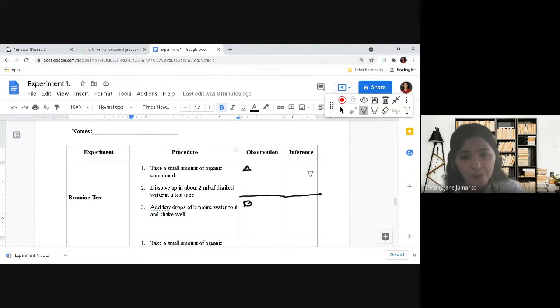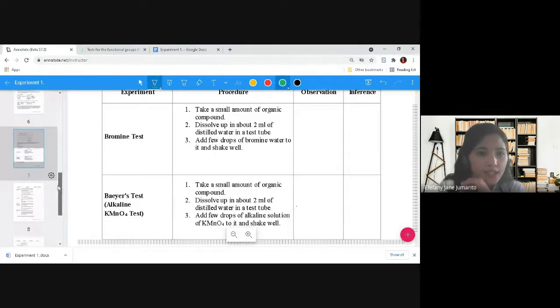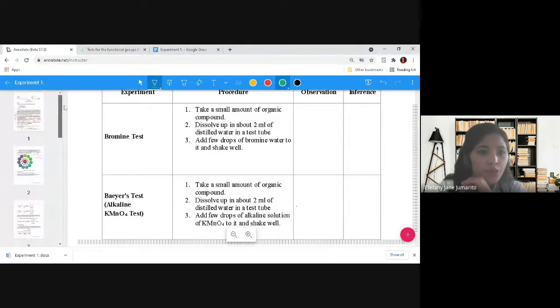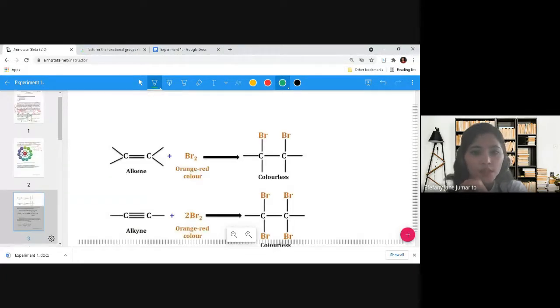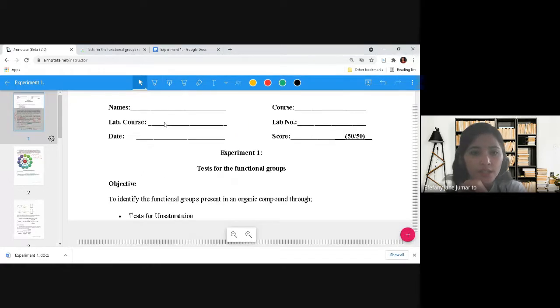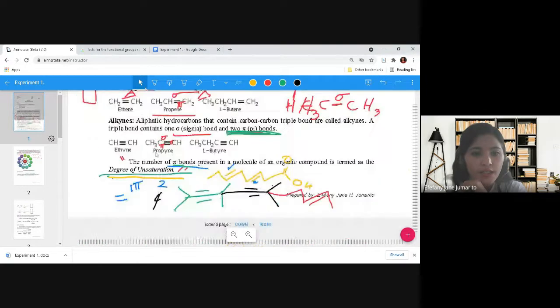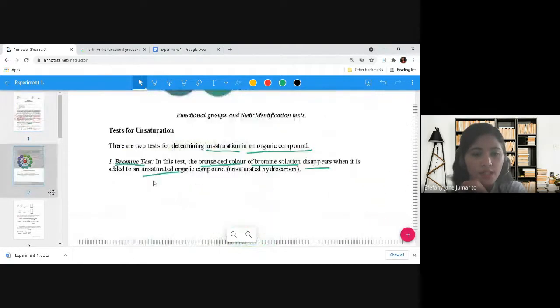And then your inference. So what compound is it? Is it saturated or unsaturated? Again, class, you go back to reading our bromine test.